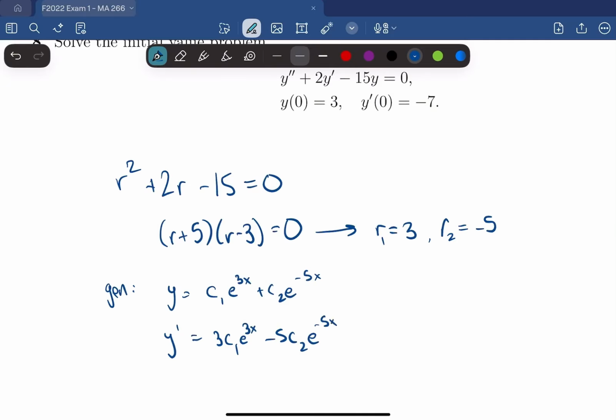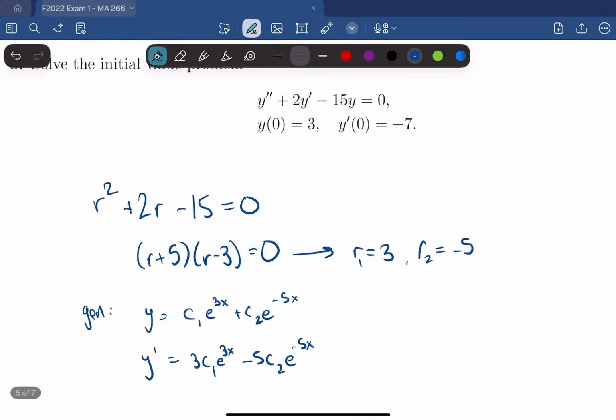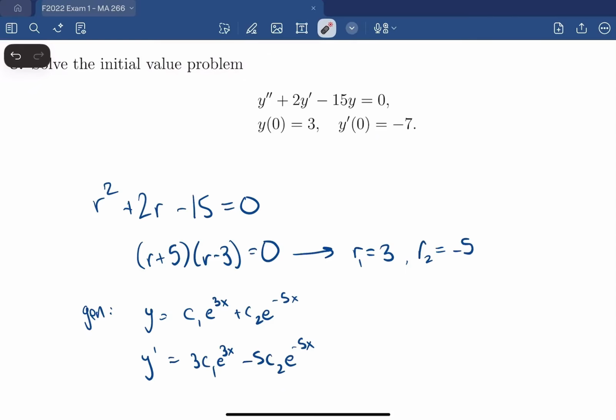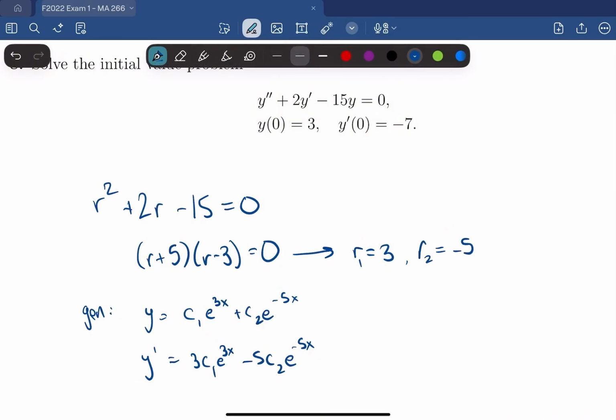The reason we take the derivative is because we're given these two initial conditions, and to apply the second one we need to have the derivative y prime. So from there we can apply our first initial condition to the first equation.